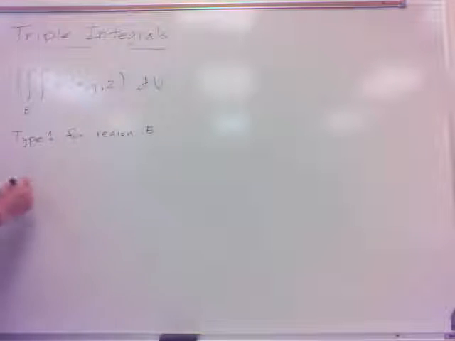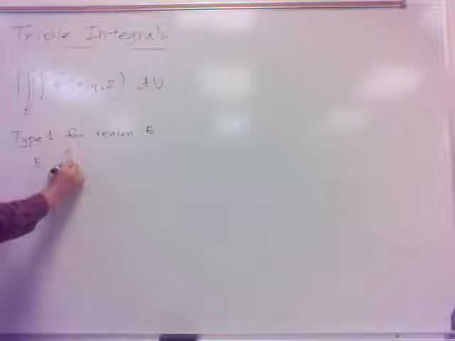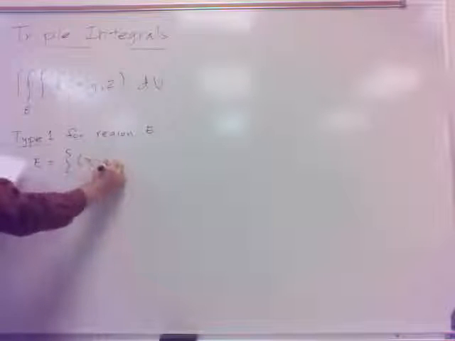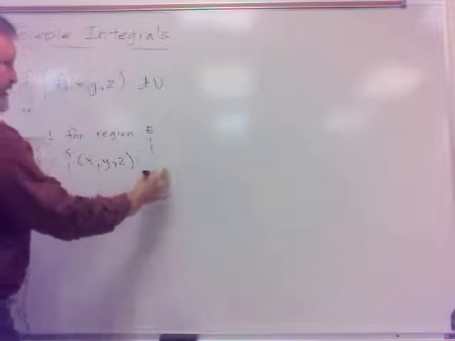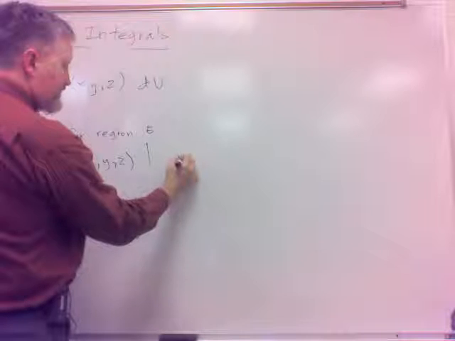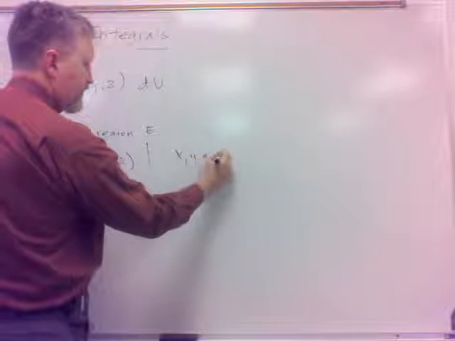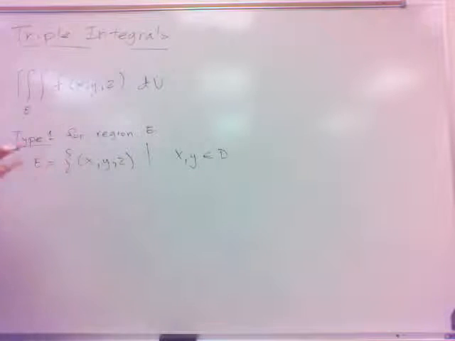So what that means is this. Here's what E is going to look like for this type 1. It's x, y, z, where x and y are elements of some two-dimensional region D.